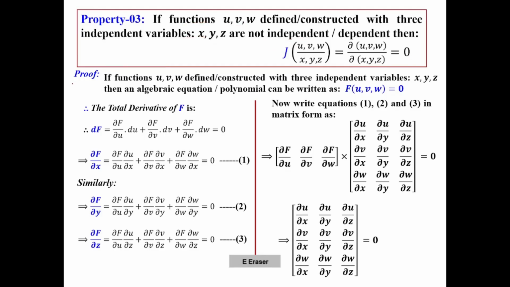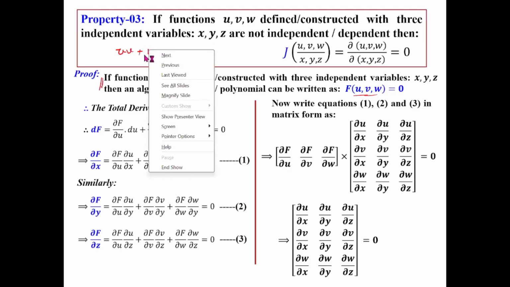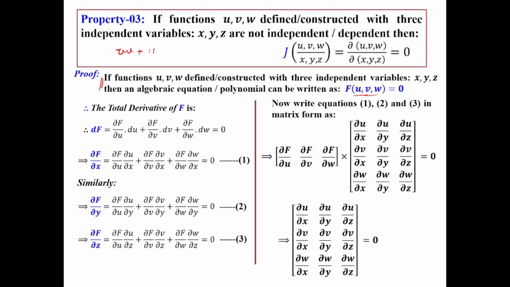Okay, here the proof starts. If functions u, v, w are defined or constructed, same thing I have written again, with three independent variables x, y, z, then an algebraic equation or polynomial can be written as f of u, v, w equal to 0. That means if we have this condition, then one polynomial can be written in this format. That means you can write u v plus w square v square equal to 0, like this.